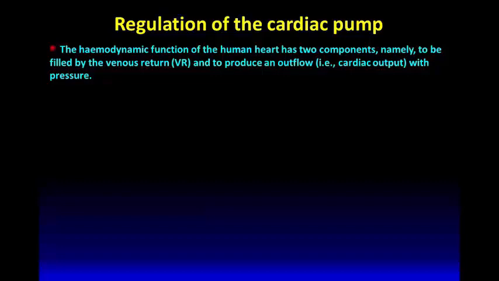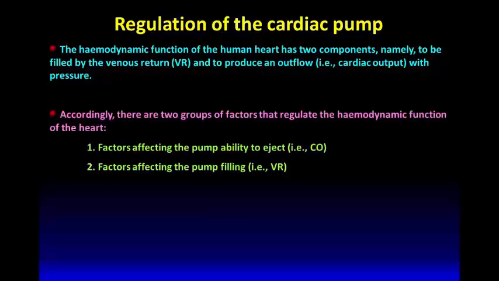The first component is for the ventricles to get adequately filled with venous return during ventricular diastole, and the second important component is for the ventricles to generate adequate cardiac output with pressure during ventricular systole.